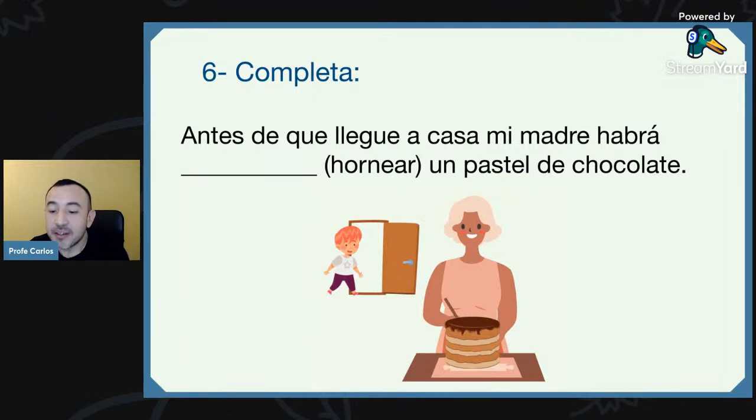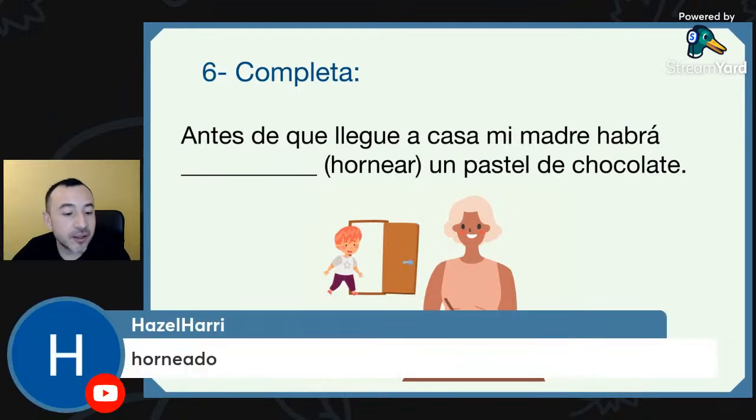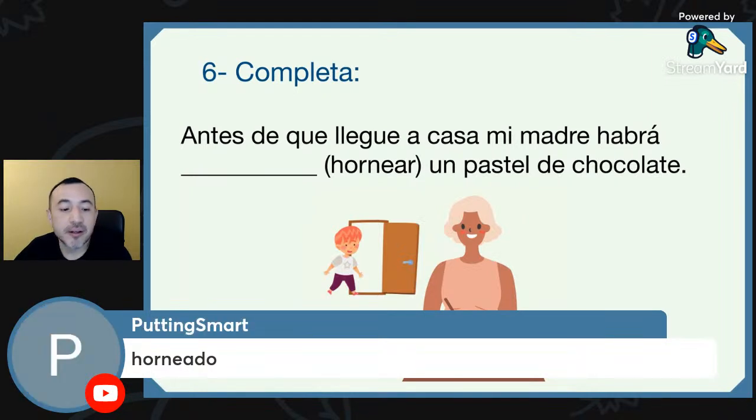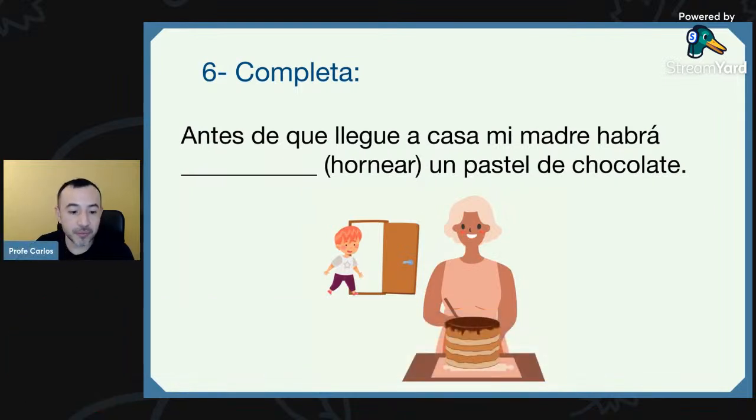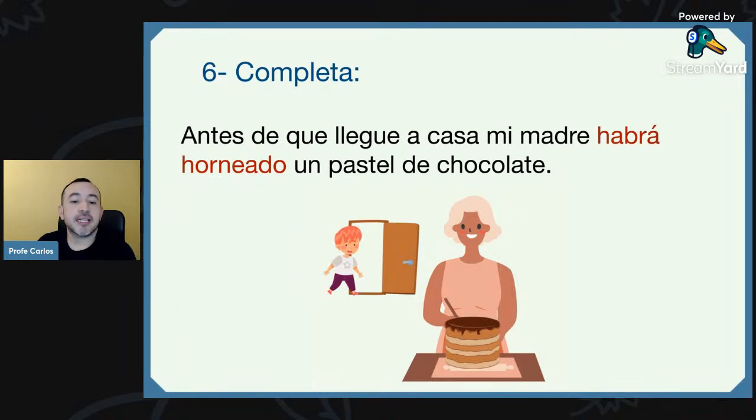Okay. What do we have? Hazel, excelente, pasado participio, horneado. Pudding Smart, horneado. Jim, horneado. Muy bien. So that would be our answer. Antes de que llegue a casa, mi madre habrá horneado un pastel de chocolate. Excelente.